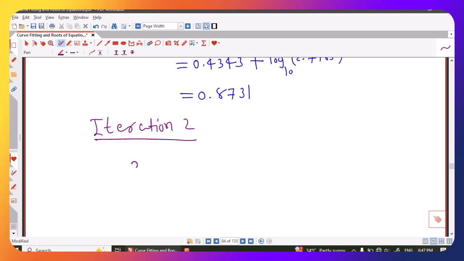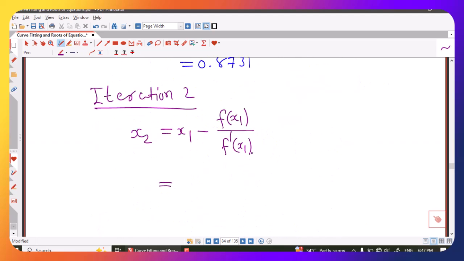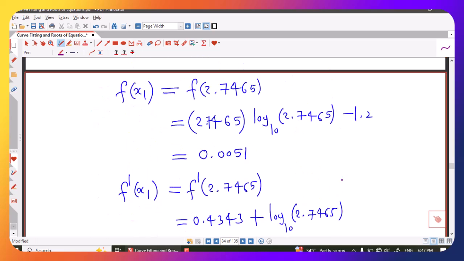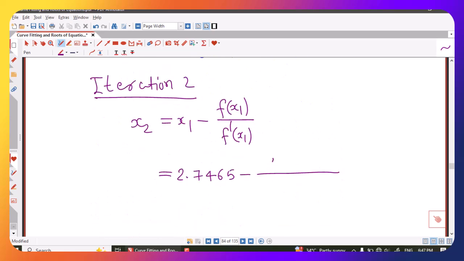Now once we have these two values, we can find x2, that is our second iteration, and by Newton's formula x2 equal to x1 minus value of function at x1 divided by first derivative at x1. Our x1 is 2.7465 that we put here. We have also obtained these two values. Value of function at x1 is 0.0051 that we substitute here.